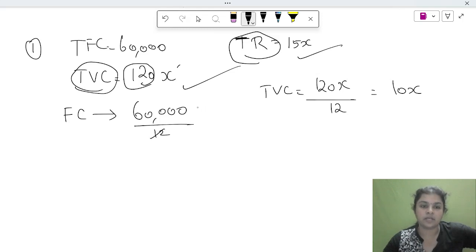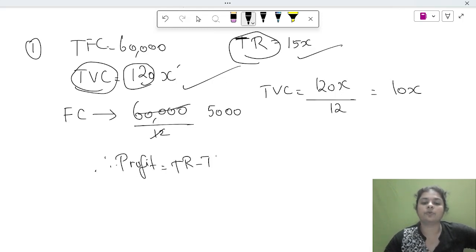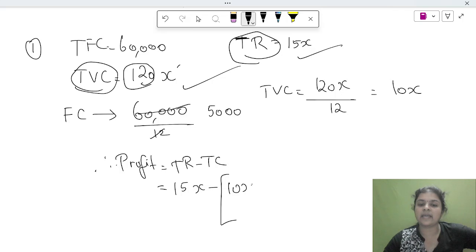And what is this here? 5,000. Therefore, profit is equal to total revenue minus total cost, which is 15x minus total cost. Variable cost per month 10x plus fixed cost 5,000 per month.